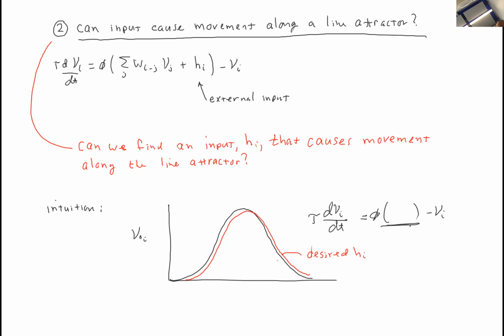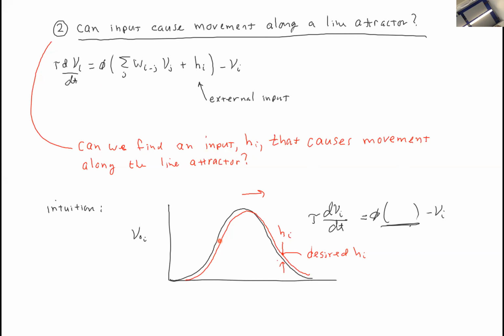Think of h_i as this distance here. The bigger h_i, the bigger that distance is. That causes drift to the right, because these firing rates increase and these decrease, and that's equivalent to shifting the peak over.